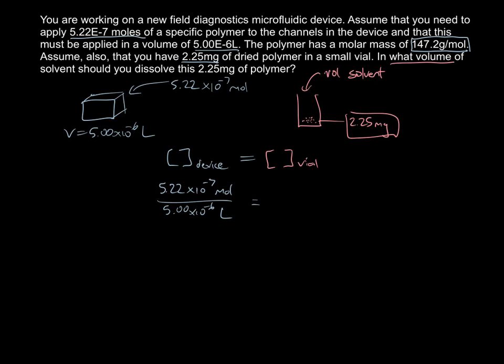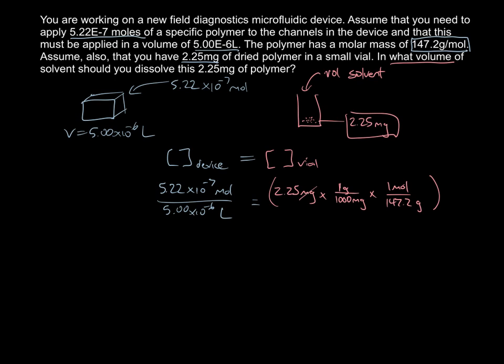So we start with what we have, 2.25 milligrams of our polymer, and since molar mass is in grams per mole, I need to convert milligrams to grams. There's 1 gram for every 1,000 milligrams, and there's 1 mole in every 147.2 grams of polymer.